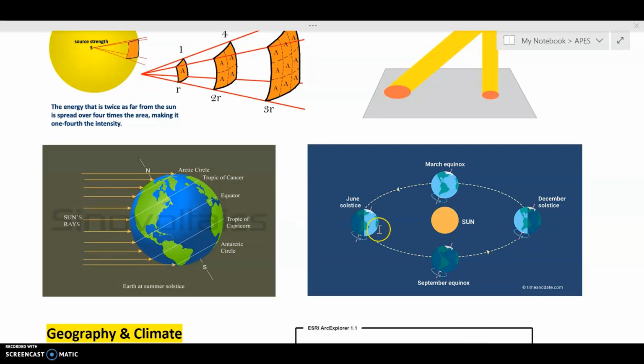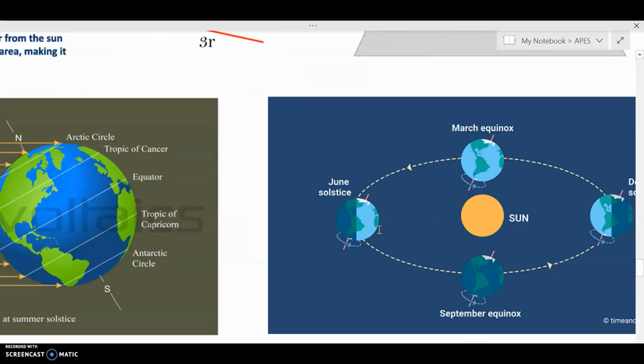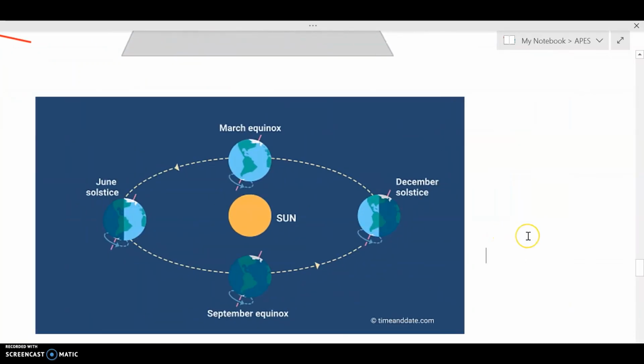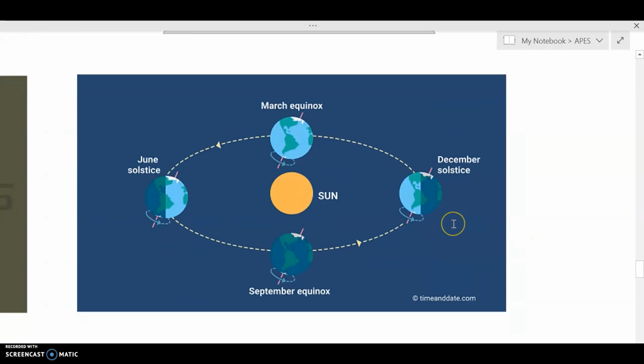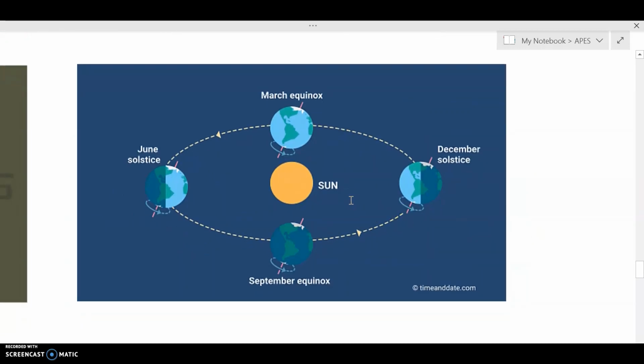So to simplify this a bit more, here's this diagram. Let's say you live in the northern hemisphere, more specifically North America. In June, since you're tilted towards the sun, you're going to be in more direct sunlight than if you were in winter.